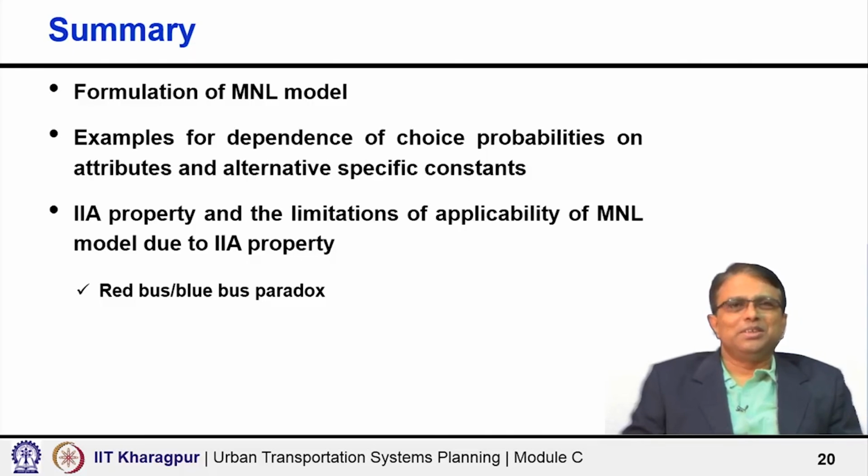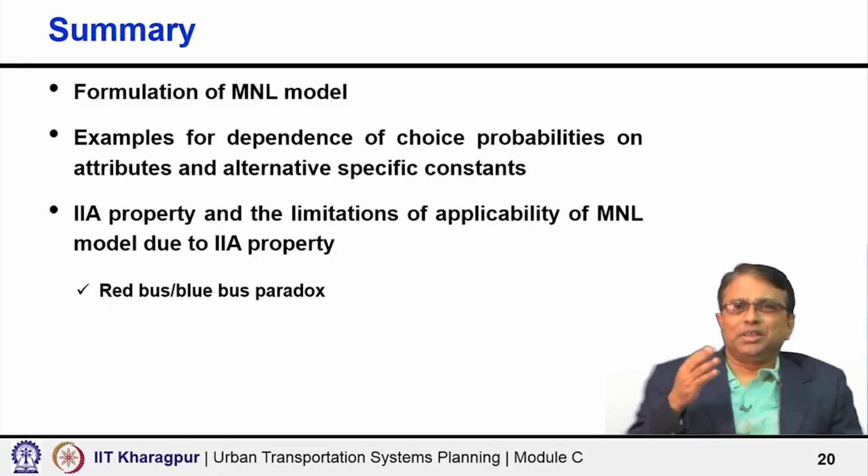It only depends on the deterministic components of the utilities of the two alternatives under consideration. The ratio remains the same. Whatever happens, the probability may increase or decrease, but the ratio will remain unchanged, and we explained that nicely with the help of the very famous red bus blue bus paradox.